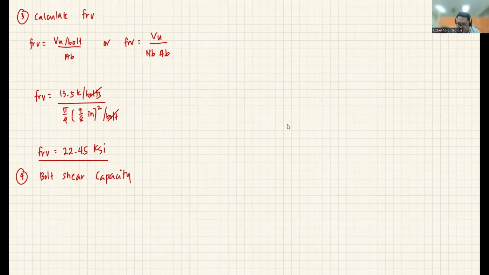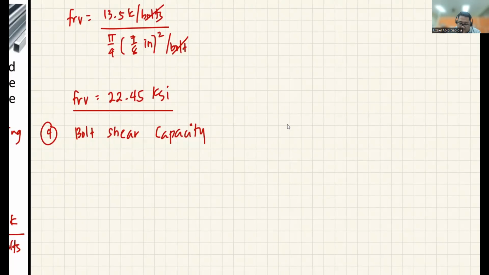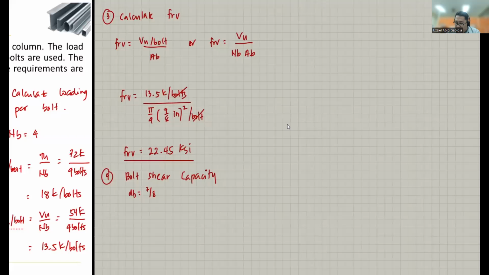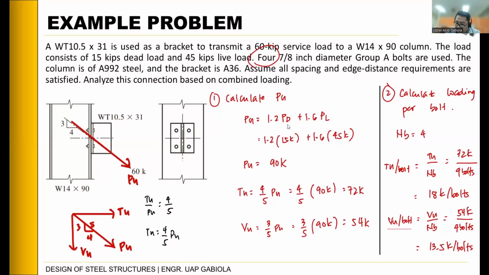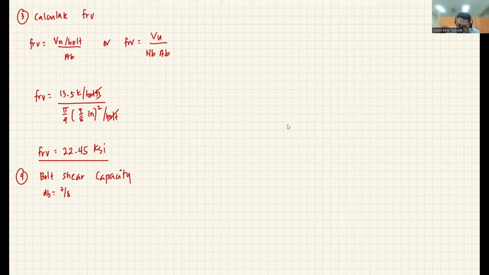Okay. For bolt shear capacity, anong kailangan natin details? So, alam natin yung diameter ng bolts natin, 7/8. Tapos, balikan natin yung problem. Anong type ng group tayo? Meron tayong group A na bolts. Okay? Group A yung bolts and then hindi sinabi kung excluded or included. Pero ang ginagawa natin, ano ang safe assumption natin? So, group A tayo. And then, ano yung thread condition natin?